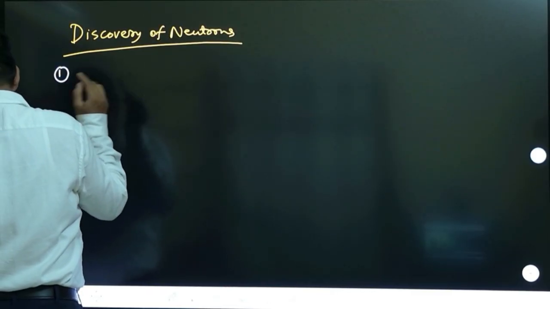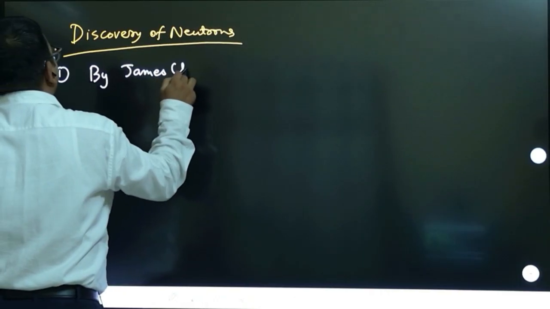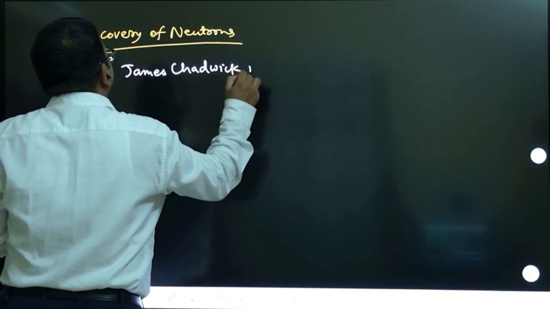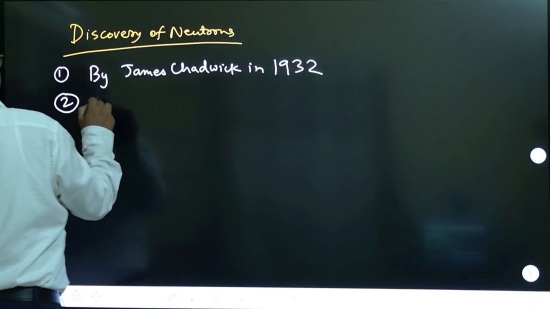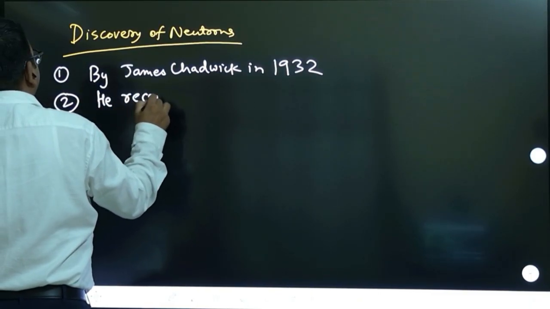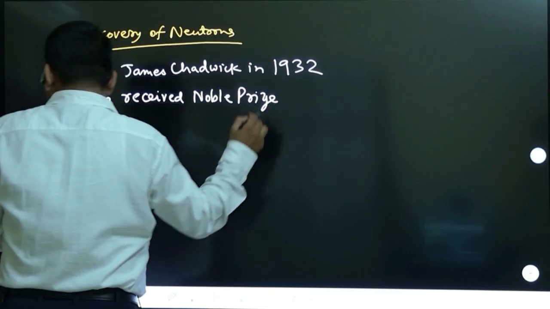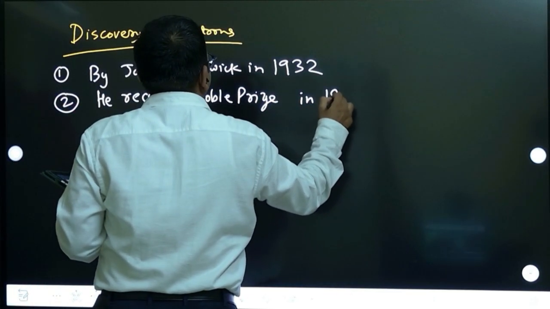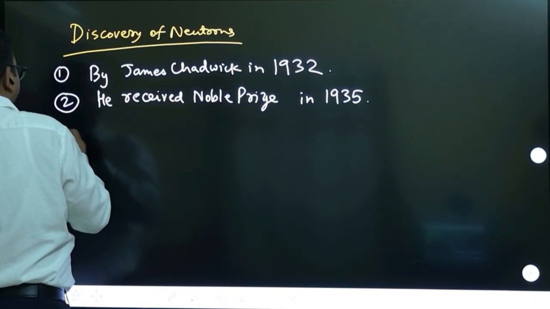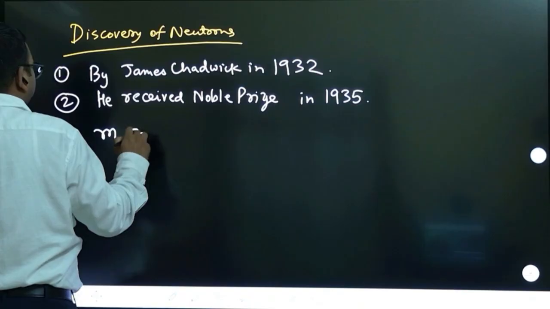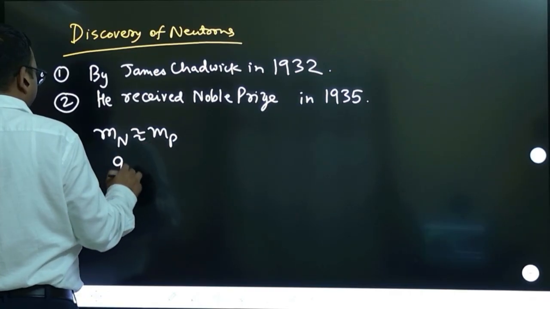We already discussed that it was done by James Chadwick in 1932, and he received the Nobel Prize in 1935. Because of this discovery, he received that Nobel Prize. Here, an important point to note is that mass of neutron is almost the same as mass of proton, and charge of neutron, anyway we know, is 0.